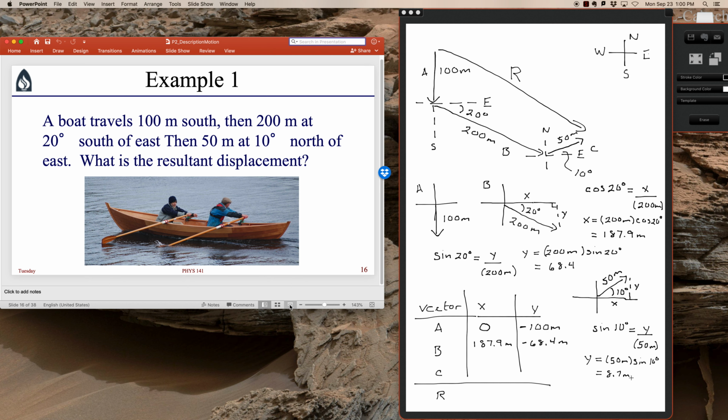So I would put that in my table, 8.7 meters, and that's in the positive y direction. And then if I consider the cosine of my 10-degree angle, the cosine of 10 degrees would be adjacent, which is the x component, divided by the hypotenuse of 50 meters. So then the x component would be 50 times the cosine of 10 degrees. And that has a value of 49.2 meters, which I'll write in my table.